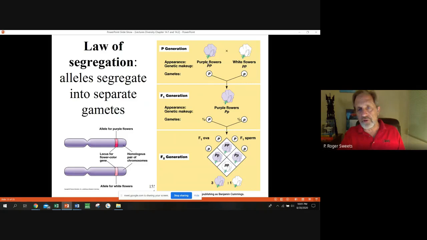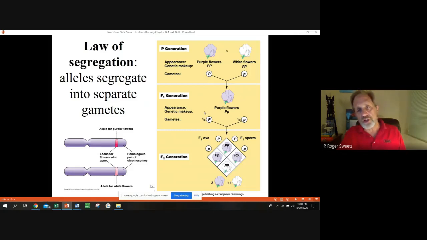So even though an individual flower and the cells within that flower would have two copies of the dominant trait, the gametes would only have the one. In other words, they'd have basically half of all that would be going to a male or female. And the white flowers would have the recessive trait, right? So all of those gametes, because they only had the one kind, they were in fact homozygous, all of their gametes would have one or the other.